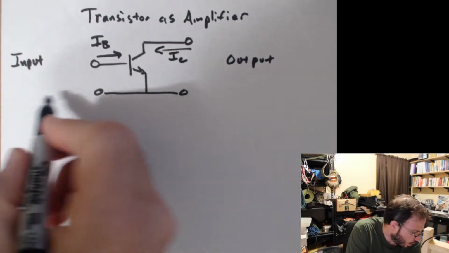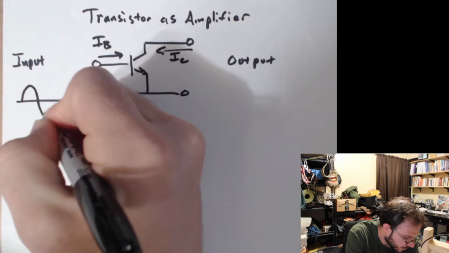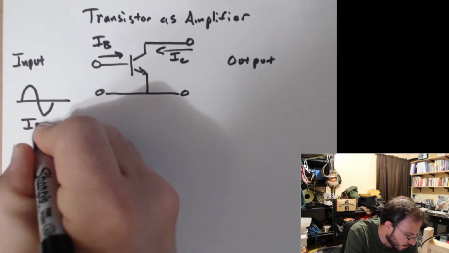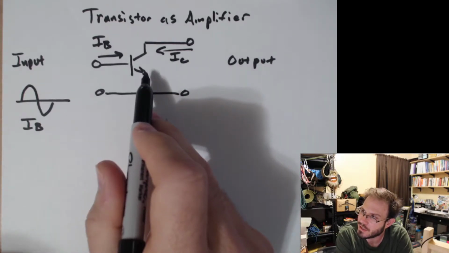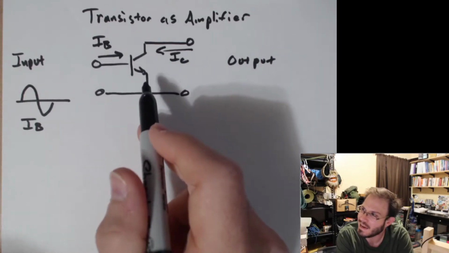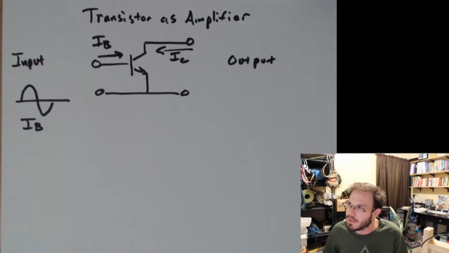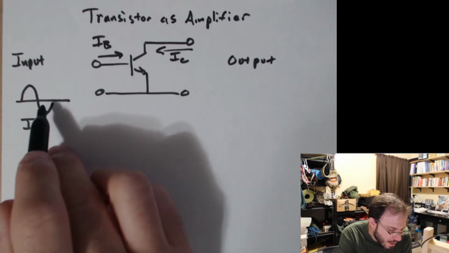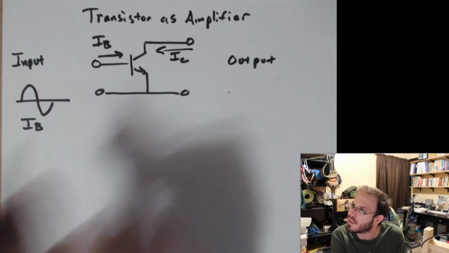And so if you think about our input and output, you can apply a small signal to our input, and we know we have this natural gain of this transistor. The natural current gain of this transistor is what we've been referring to as beta. It's a factor of typically around 100. So if I apply some input here, I'm going to get 100 times that input in the form of the collector current.